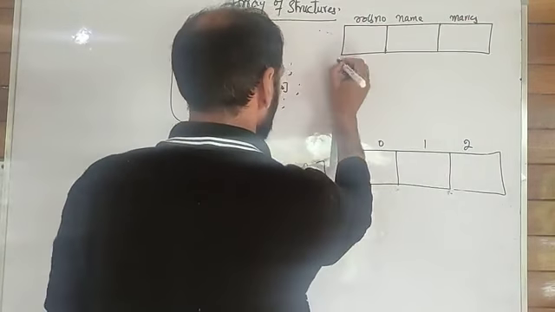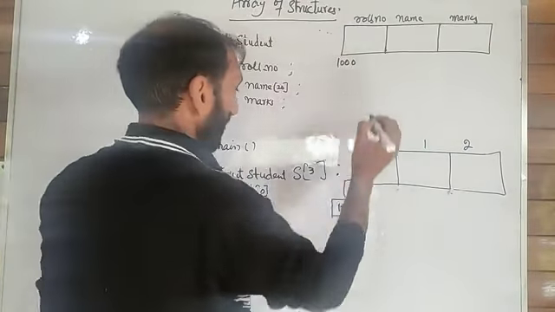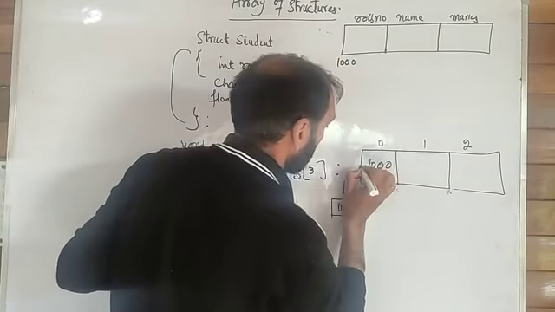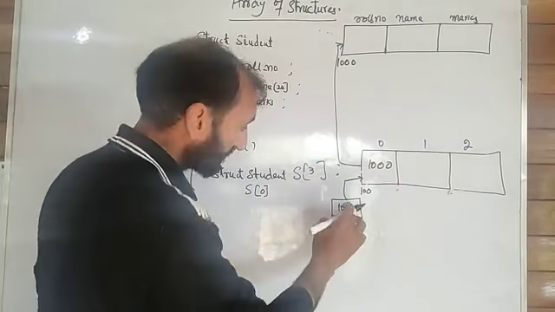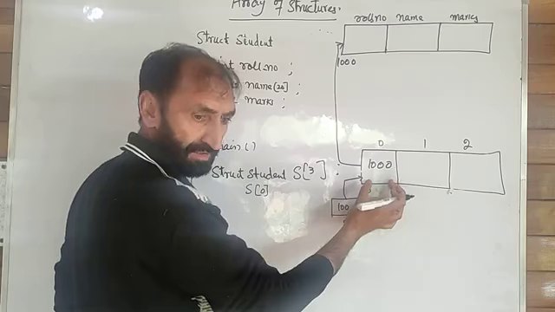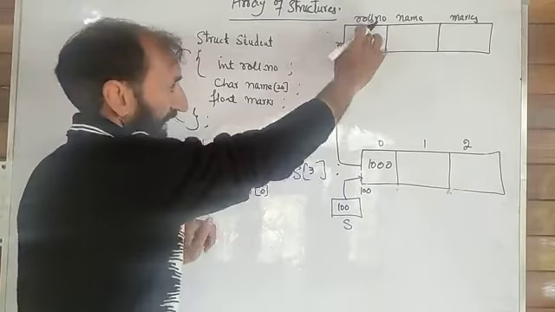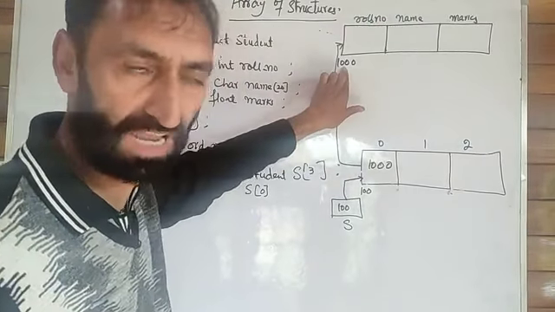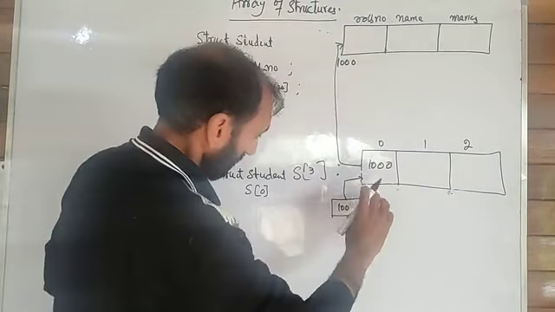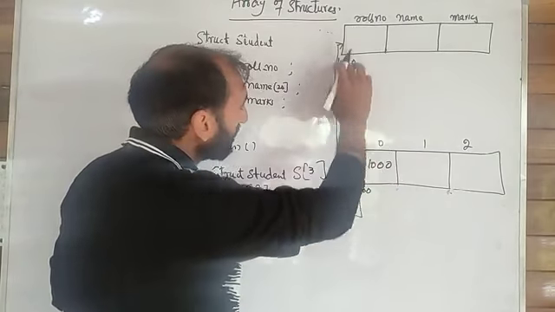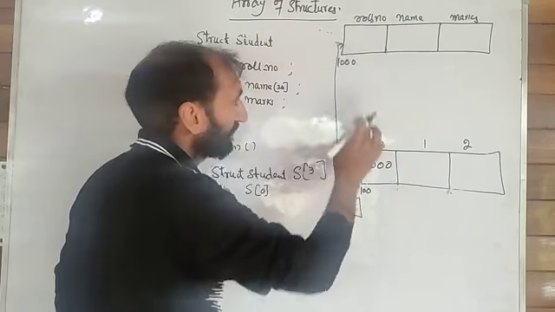For example, 1000 is the base address of this roll number, and this contains the address of this array. 1000 is the address of this. Now, S of 0 is pointing to this location. This is S of 0.